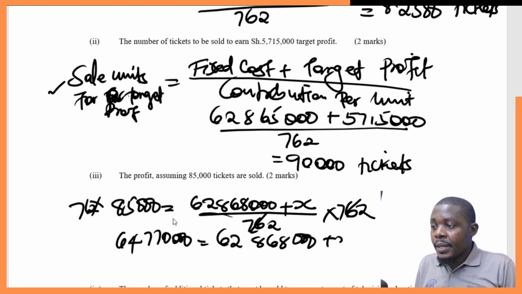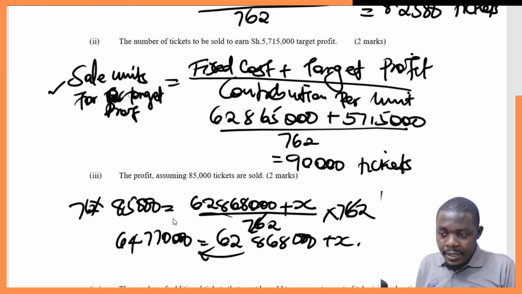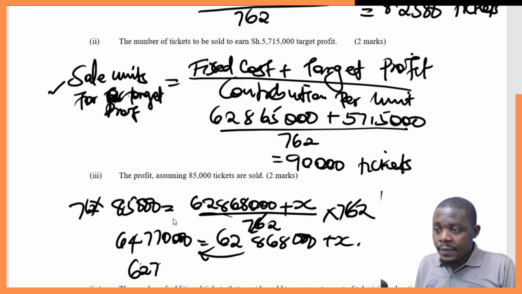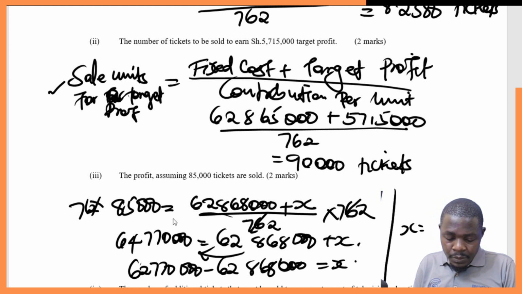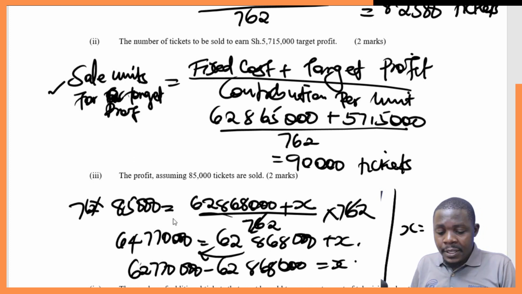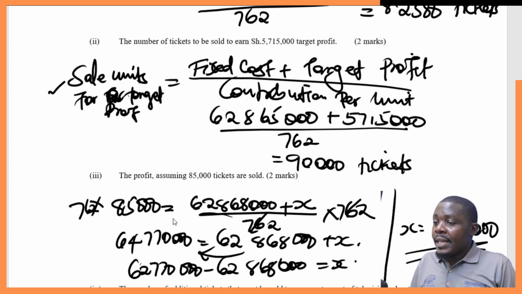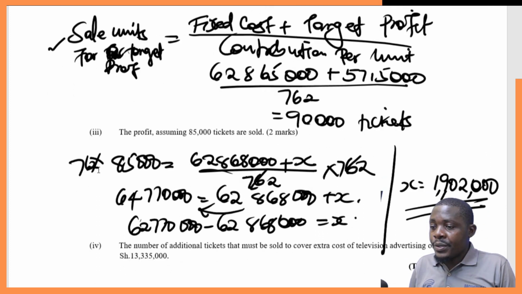When this comes to the other side, it will be 64,770,000 minus 62,868,000 is equal to X. Therefore, the value of X, which is the profit, will be 1,902,000. That is the profit if 85,000 tickets are to be sold.